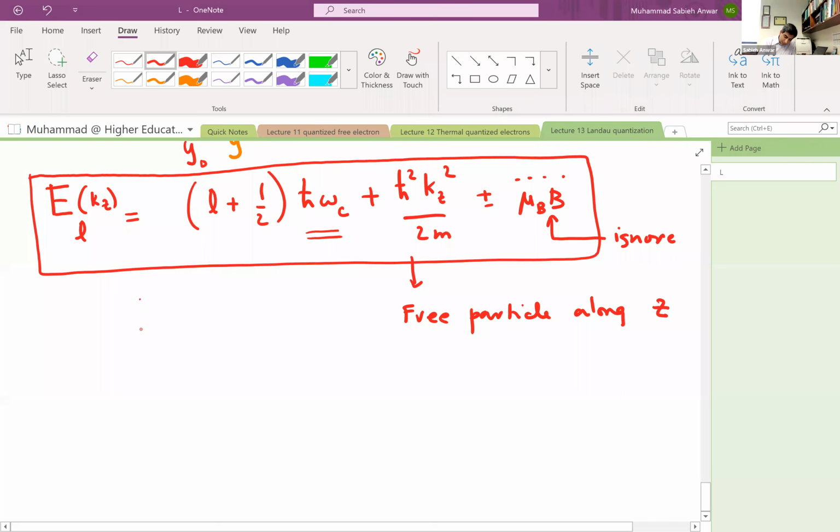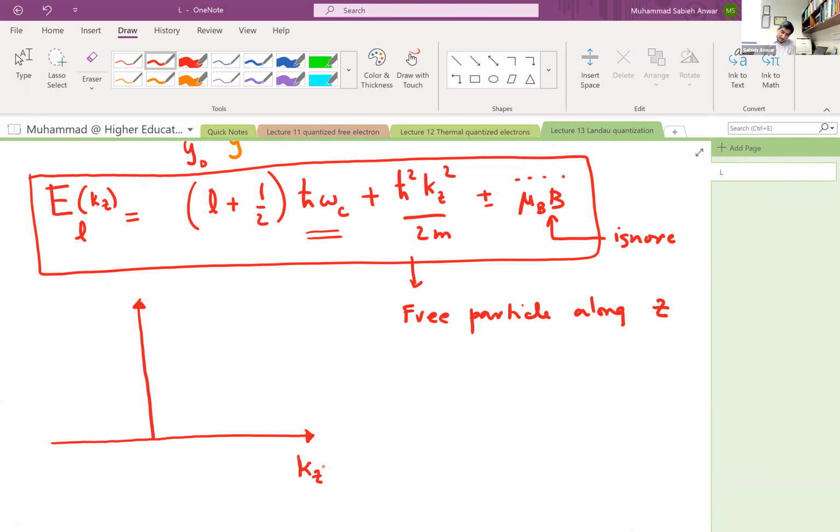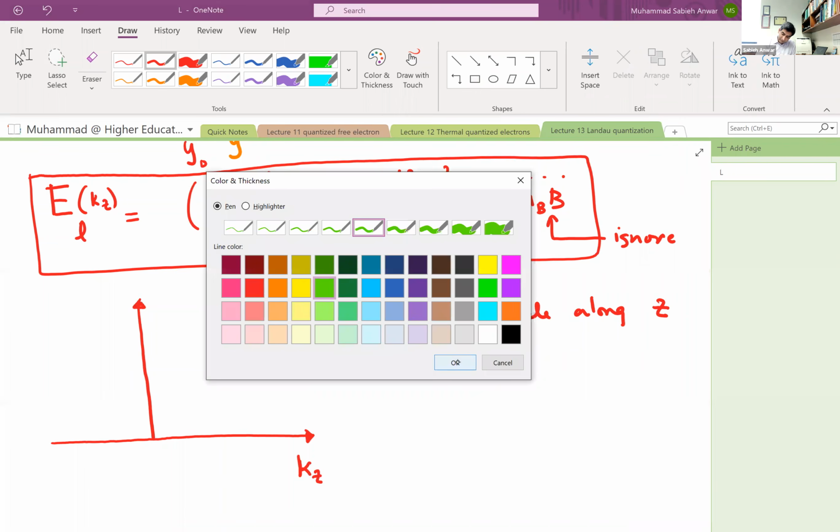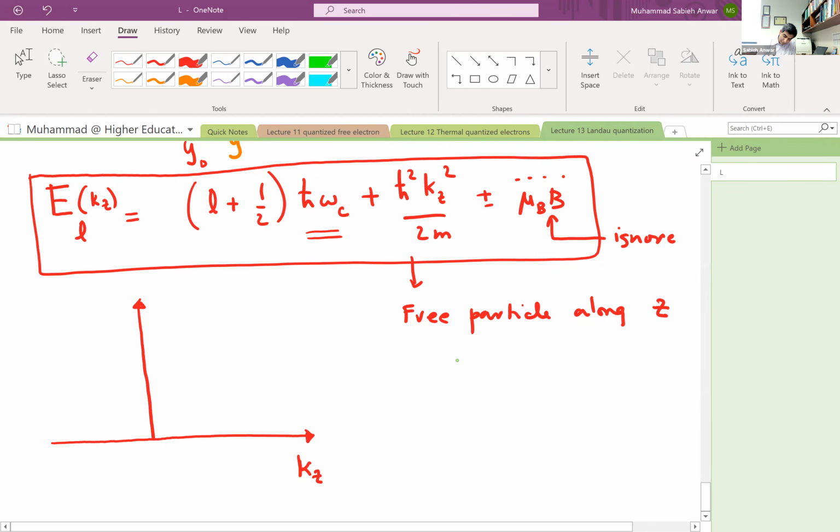So if I were to plot kz on this axis, the energies are going to depend upon L. So I will get a curve for the energy for L equals 0. So this is my L equals 0 curve, and this is above the 0 level by h bar omega c over 2.